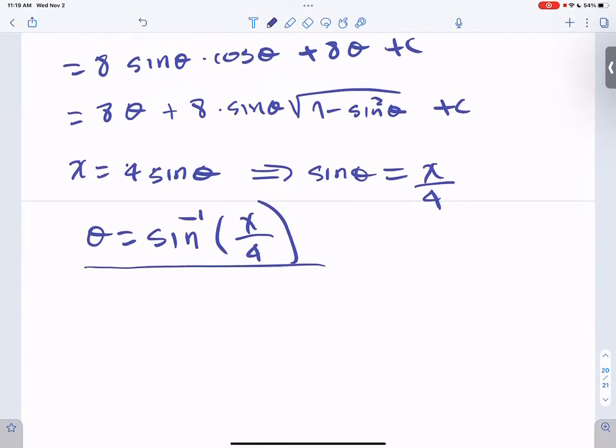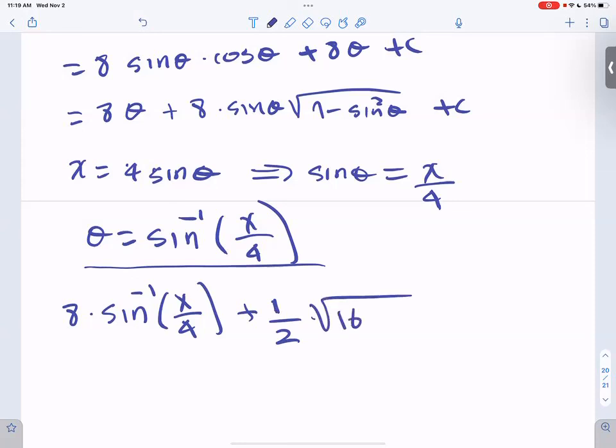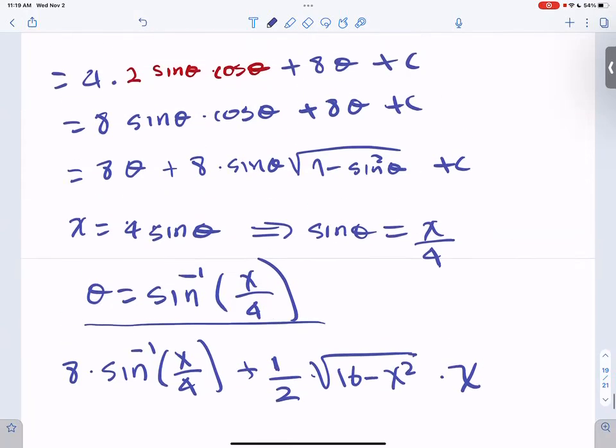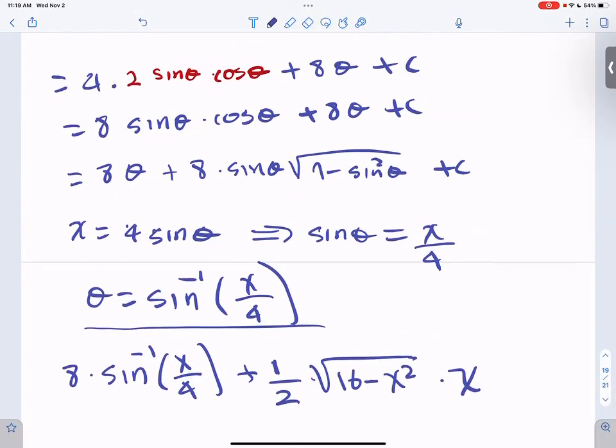The answer here is going to be 8 times the inverse sine of x over 4, plus 1/2 of the square root of 16 minus x squared, which is the cosine, times x, the x that we have in the beginning, because it's going to be 8 times x over 4.